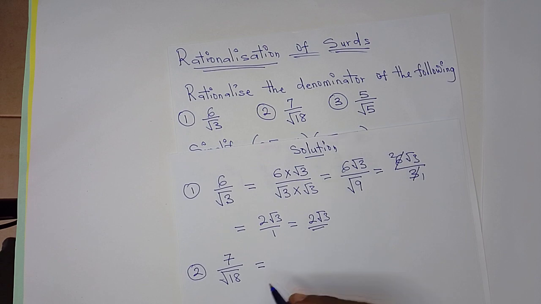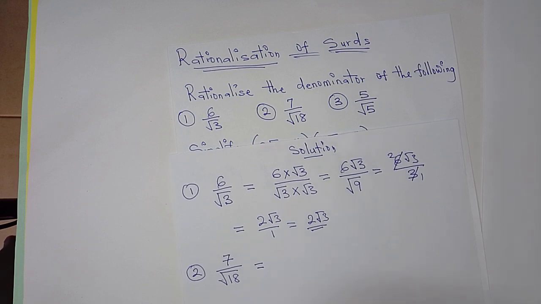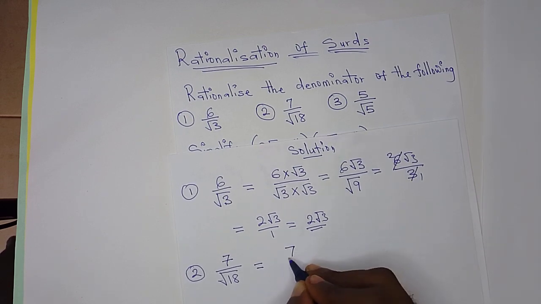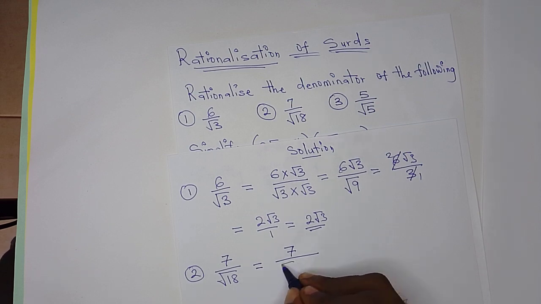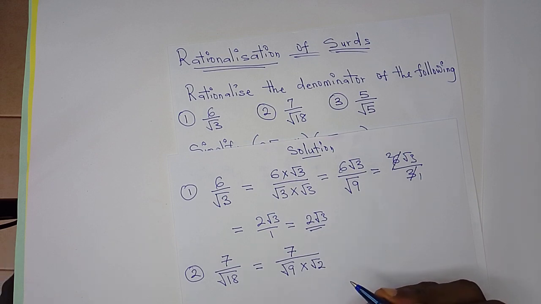So I'm going to first of all simplify this 18. Watch, 9 can go into 18 2 times. So I'm going to write this root 18 as root 9 times root 2.